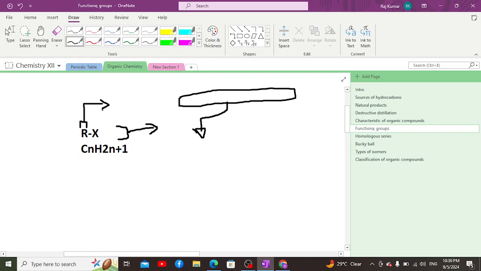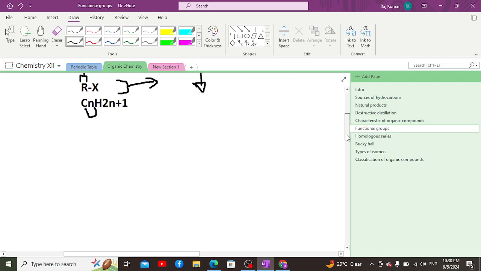It represents the physical properties. If the value of n in R is increased, the number of carbon atoms increases, and there is an increase in the physical properties of the organic compound, which includes melting point, boiling point, and solubility.